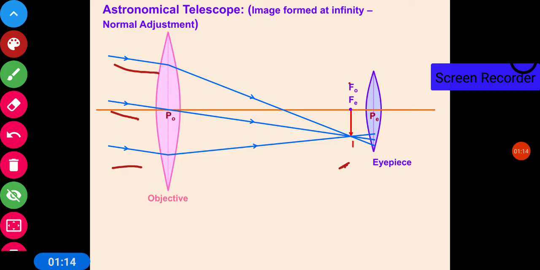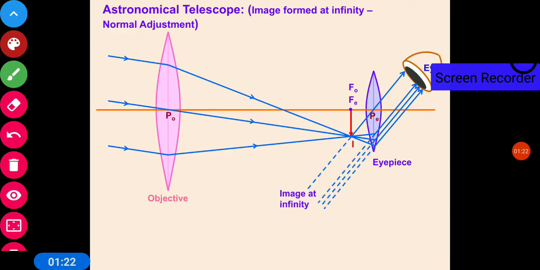Now, this image will work as the object for the eyepiece, and since it is in normal adjustment, the eyepiece is adjusted in such a way that the image I F naught is formed at the focus of the eyepiece. So the rays after refraction become parallel and they are supposed to meet at infinity.